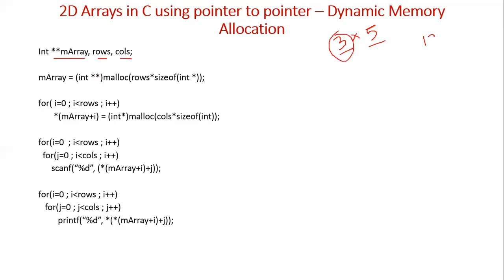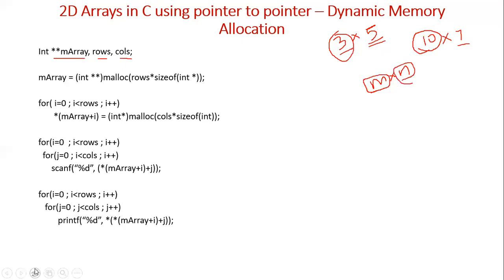If the size is 10 into 7, then there are 10 rows and 7 columns, so it is 10 one-dimensional arrays, where the length of each one-dimensional array is 7. Here the length of each is 5. So if you have an array of m cross n, then it is m one-dimensional arrays, where the size of each one-dimensional array is n elements.